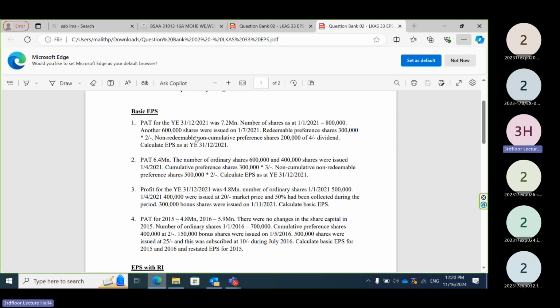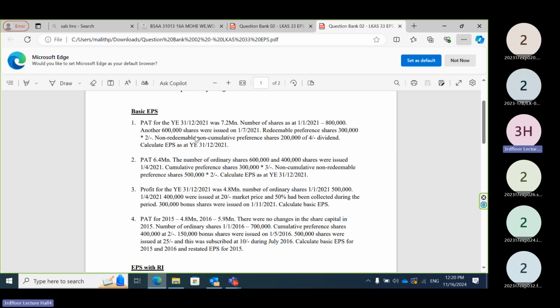For the other one, what is given? 2%. You can see that for redeemable preference shares, we are paying interest. That's why it's not mentioned as a dividend. The reason is that it is like a loan, a debt instrument, right?